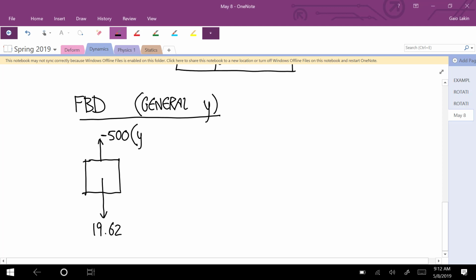But one way or the other, you have to treat the fact that if the position is a positive y, you have a compressive force on the spring, and if it's a negative value of y, you have a tension on the spring, okay? So y minus y0.